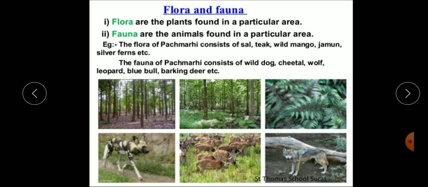Then the fauna of Pachmarhi consists of wild dog, cheetal, wolf, leopard, blue bull, barking deer, etc. Okay, these are the examples of flora and fauna.